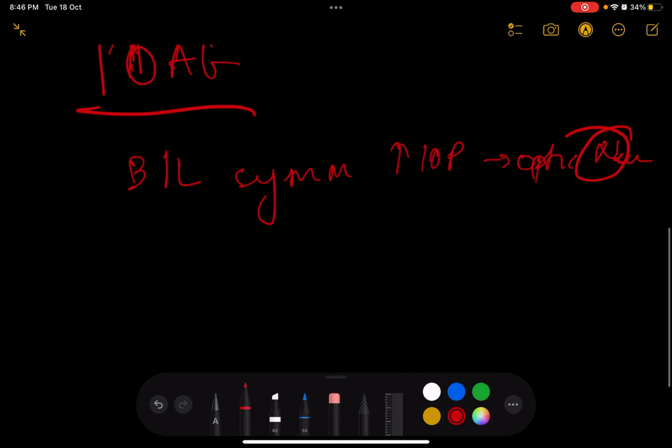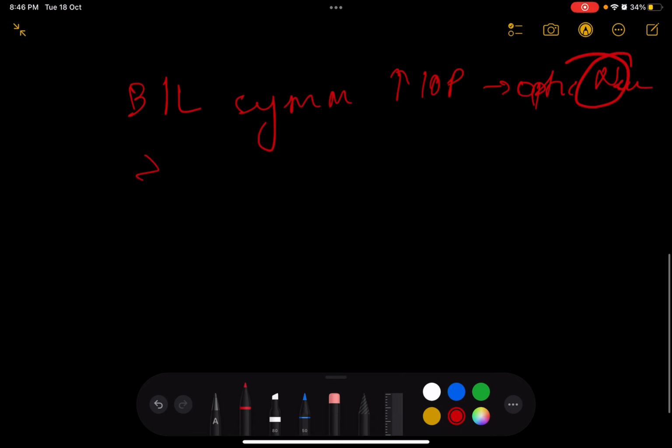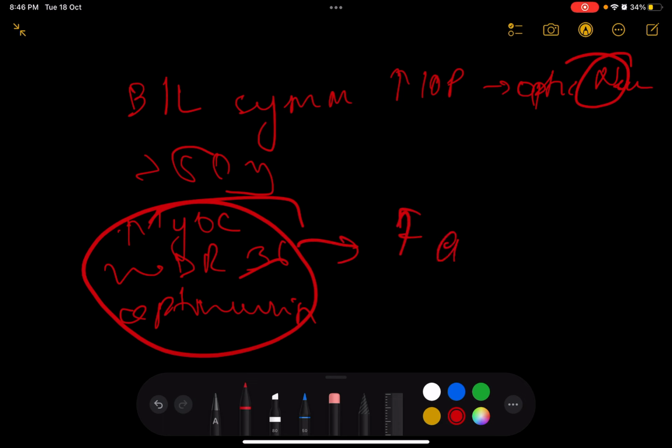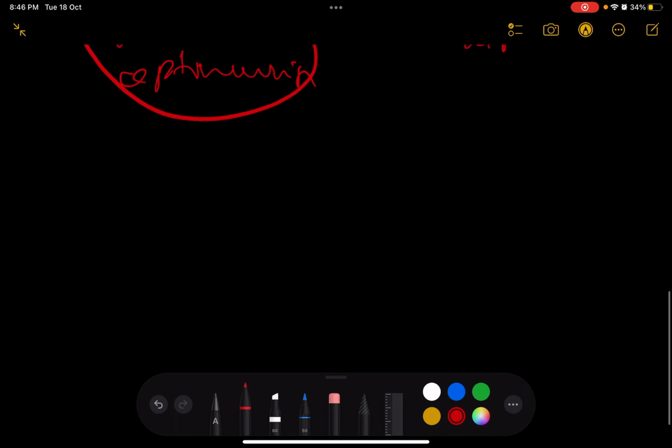It's in old age, so you have to check for 50 years. And genes involved are MYOC, WDR36, and optineurin. No one will ask us, but this is just to show that there is a familial aspect to it, as in family history is present, genes associated.